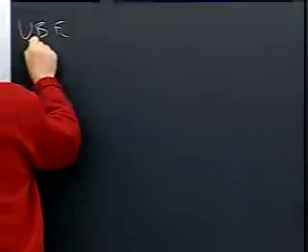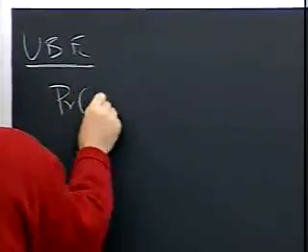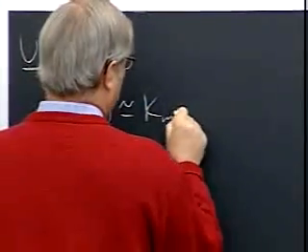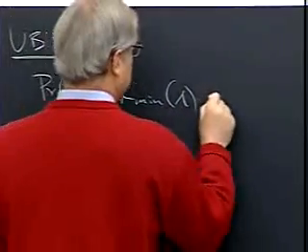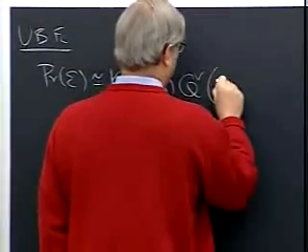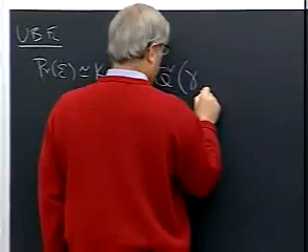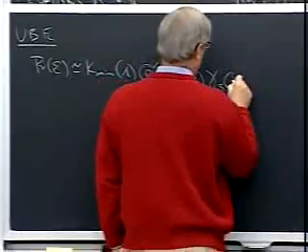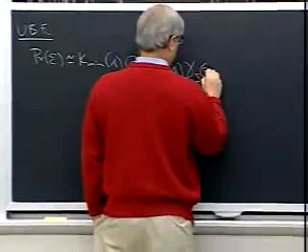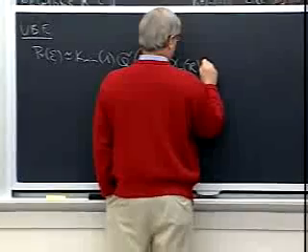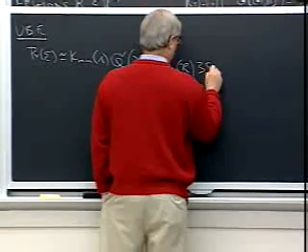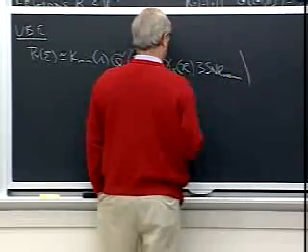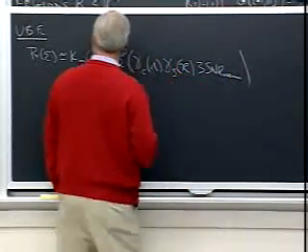in summary, for the UBE, the probability of error is approximately K min of lambda times Q to the square root of the coding gain of the lattice, the shaping gain of the region, times 3 SNR norm. And that's a wonderful approximation.